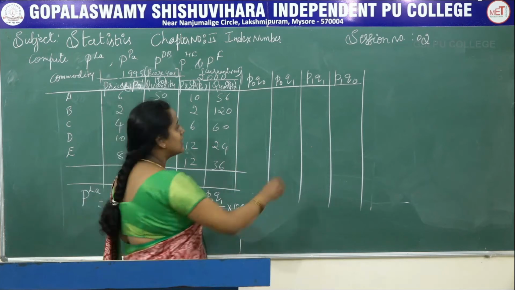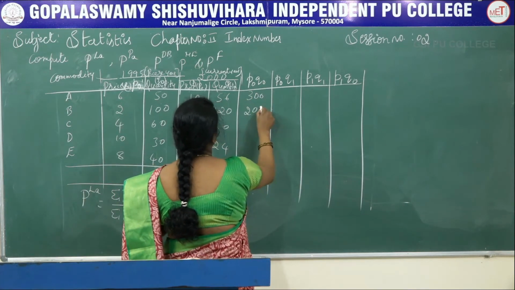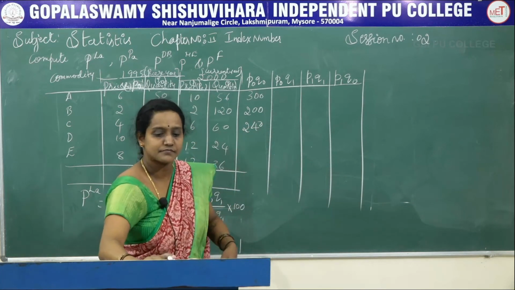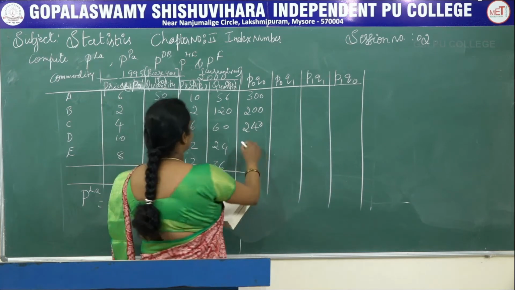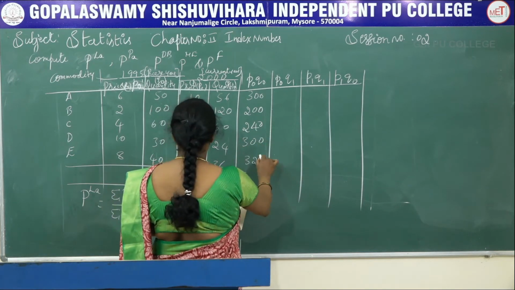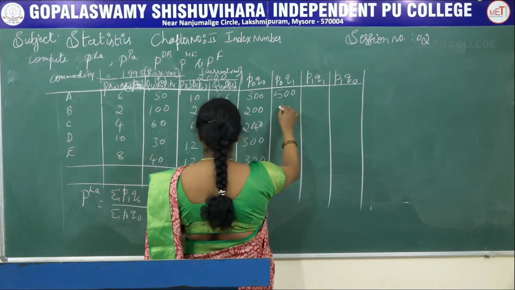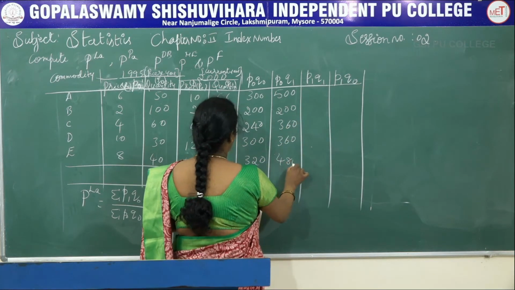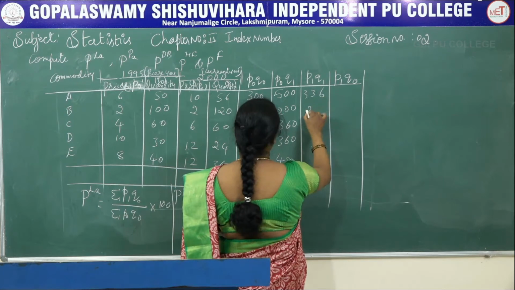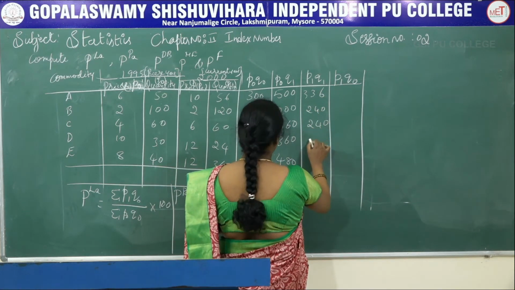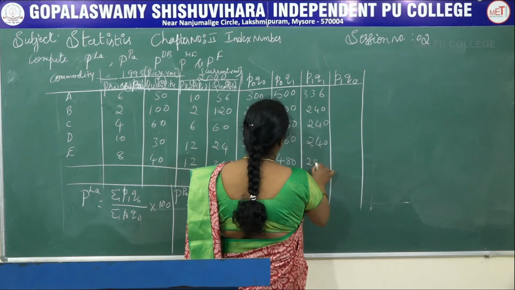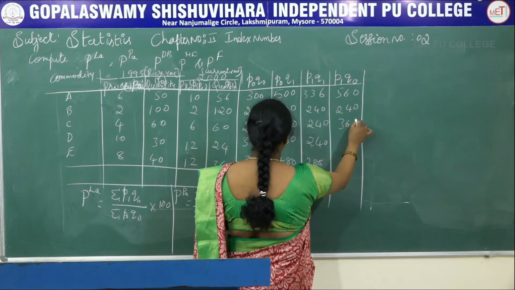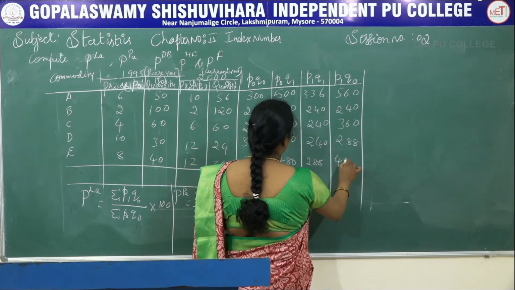I will write the values for that. It is 300, 200, 240, 300, 320, and P0 Q1 is 360, 480, 336, 240, 240, again 240, 288, 560, 240, 360, 288, 432.